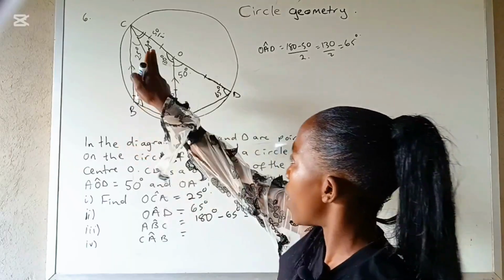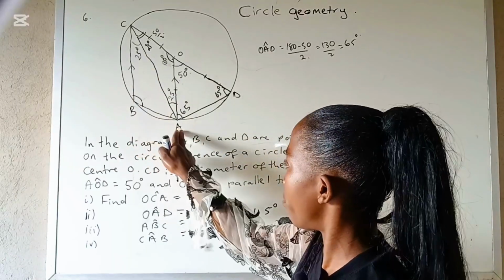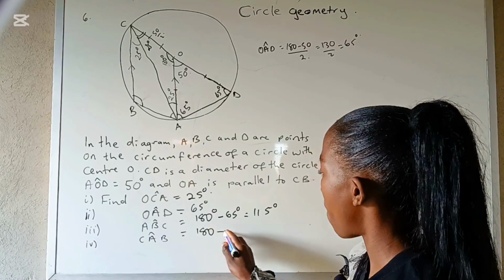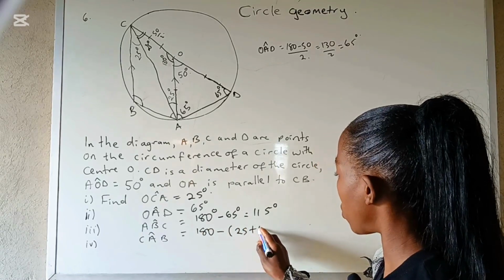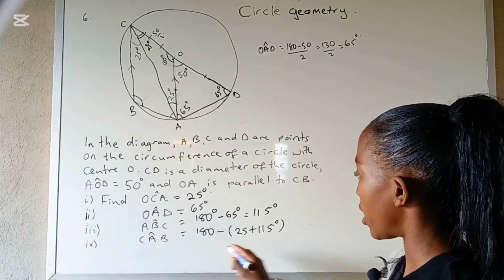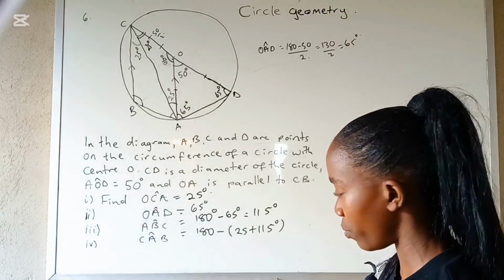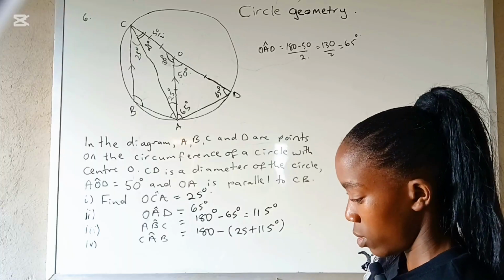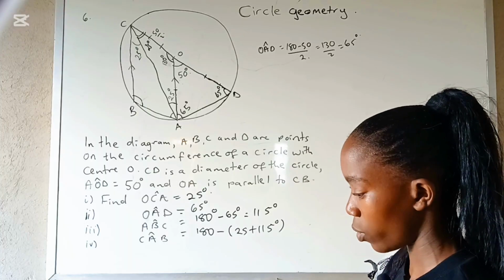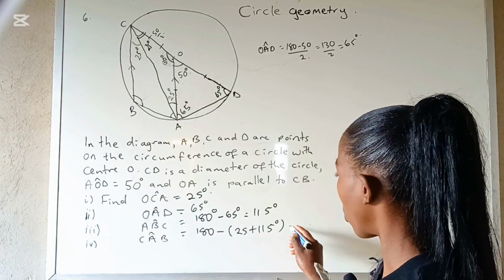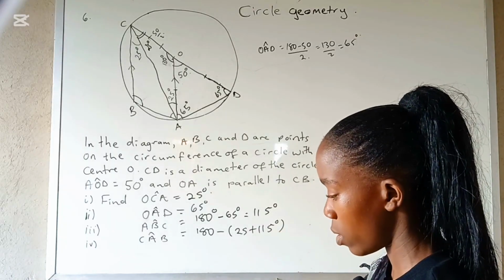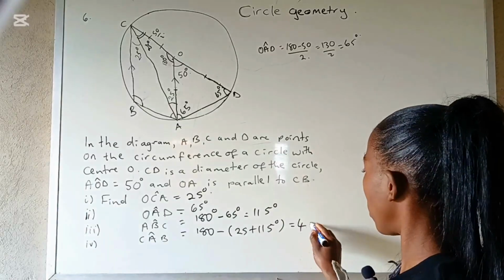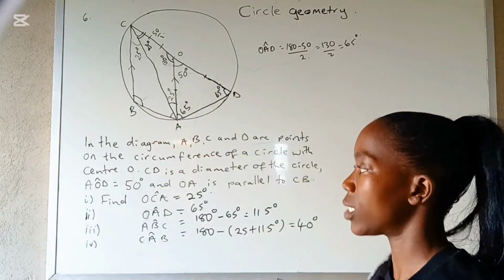So to find CAB, you now need to say 180 minus 25 plus 115 degrees, right? So we have 25 plus 115, which is 140. So we have 180 minus 140, which is 40 degrees. So it implies that we have 40 degrees.